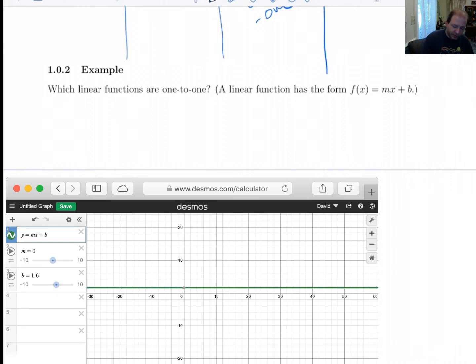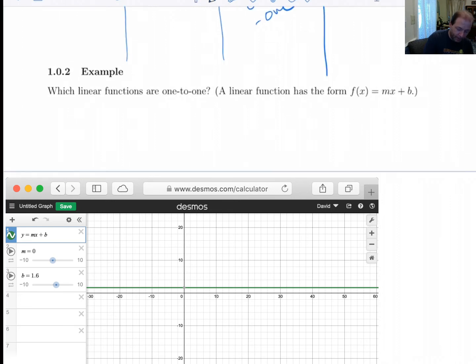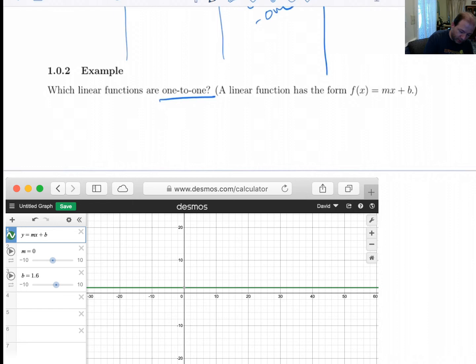So which linear functions are one-to-one?